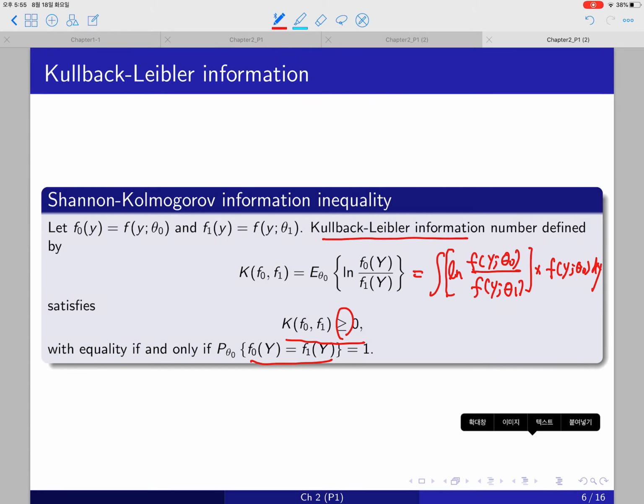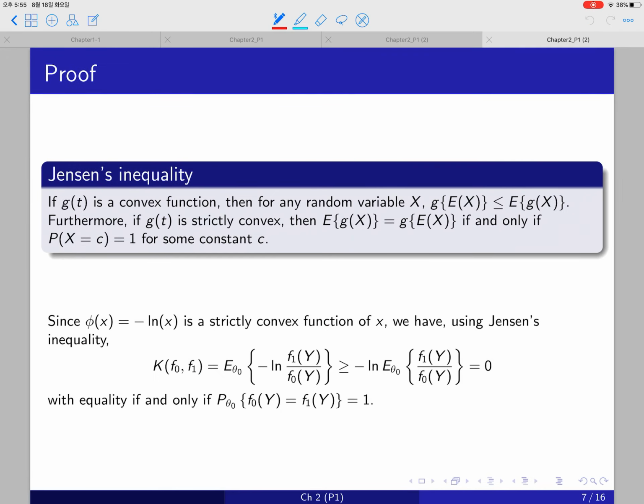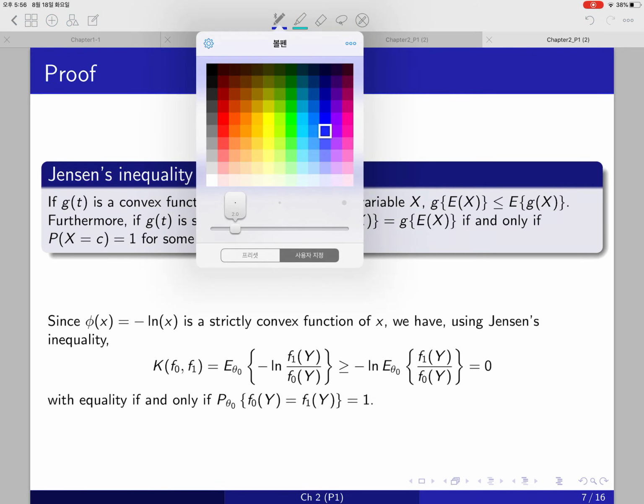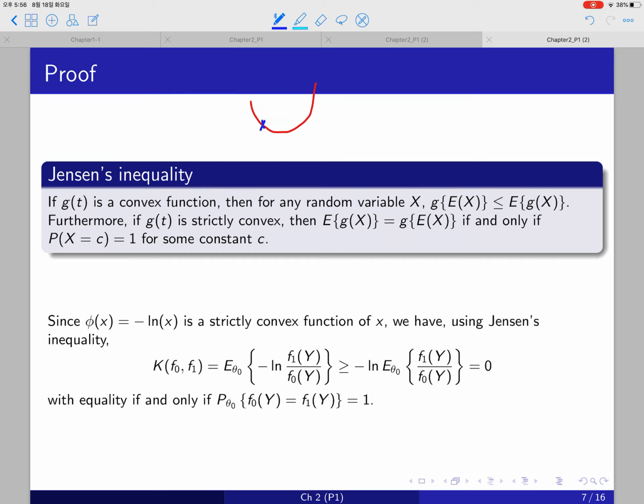That's the important information inequality, and the proof uses Jensen's inequality. The graphical understanding of Jensen's inequality is something like this. You have a convex function, with two points a and b on the x axis, and the point here is a kind of average.